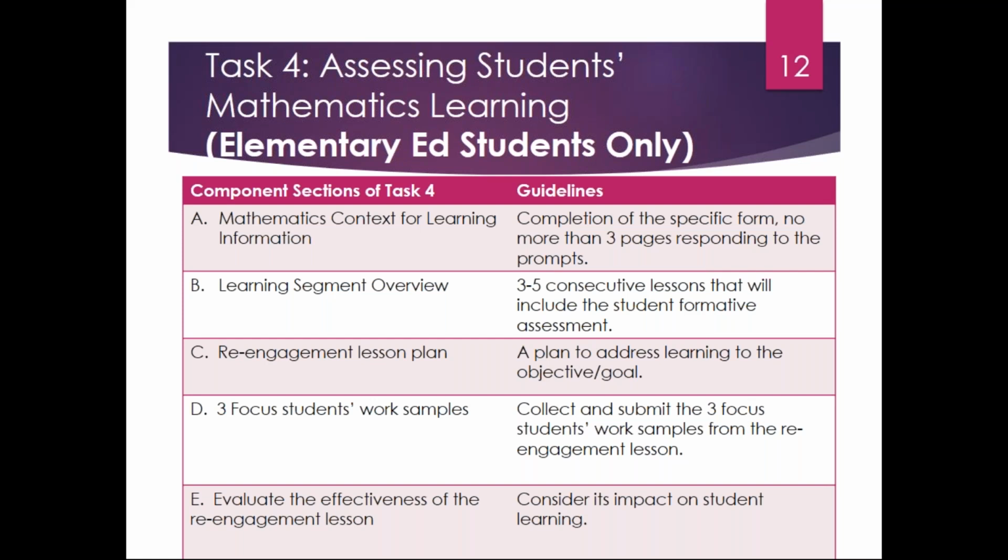Then you will do a re-engagement lesson plan. So that's an additional lesson plan, helping reteach some areas that the students were struggling with. Then you will need 3 focus students work samples from the re-engagement lesson plan. And you will need to do a bit of a commentary evaluating the effectiveness of the re-engagement lesson.